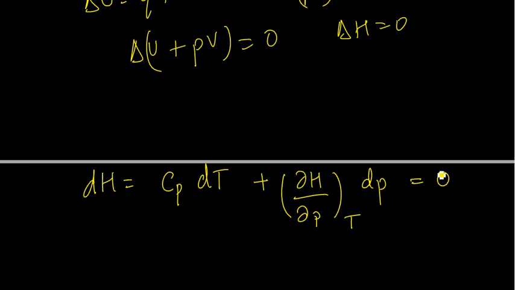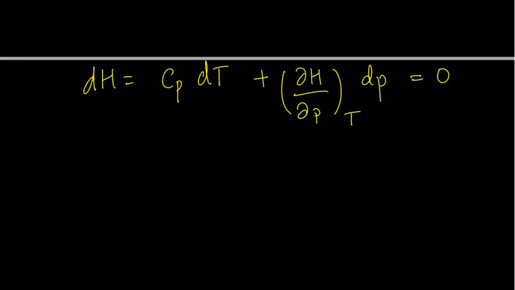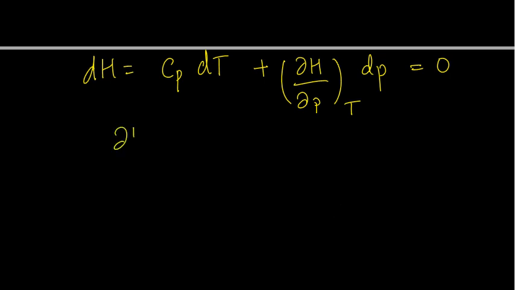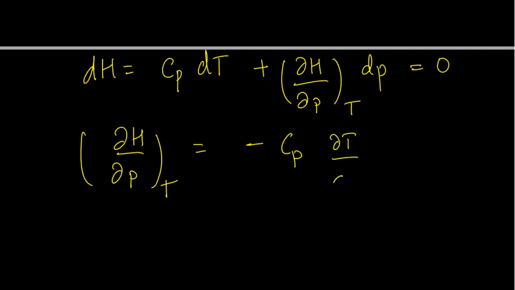And what I get out of this would be that del H by del P at constant temperature should be equal to minus Cp del T by del P at constant enthalpy. Yes, right?